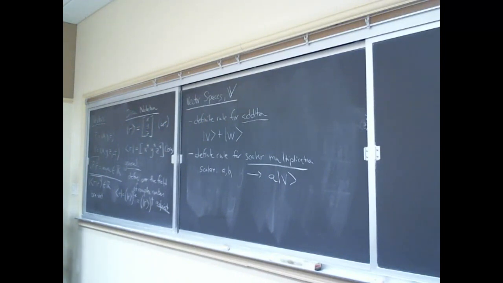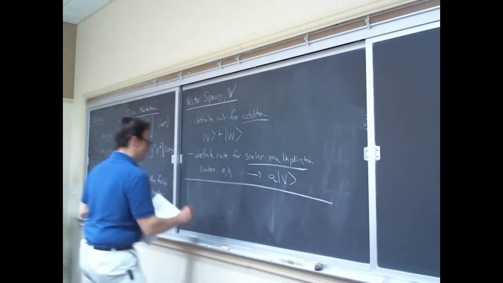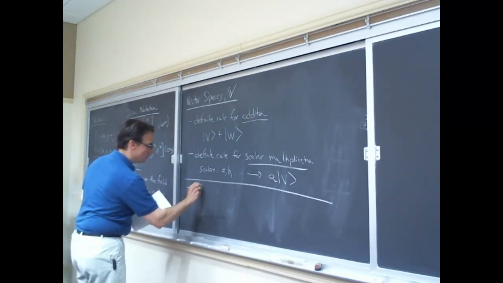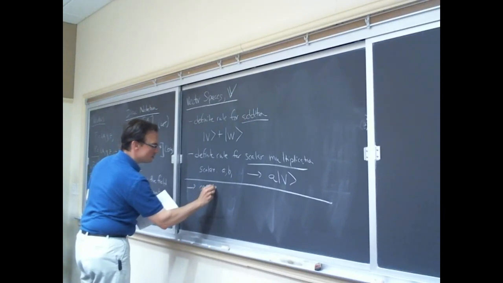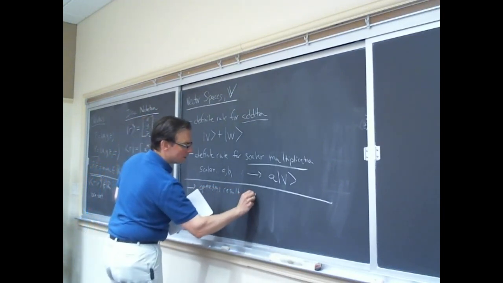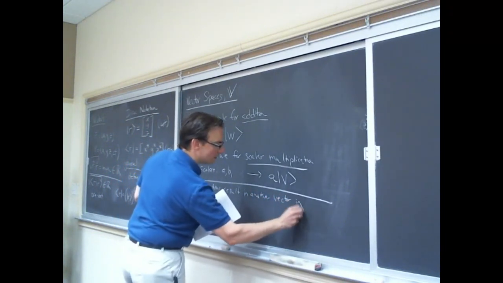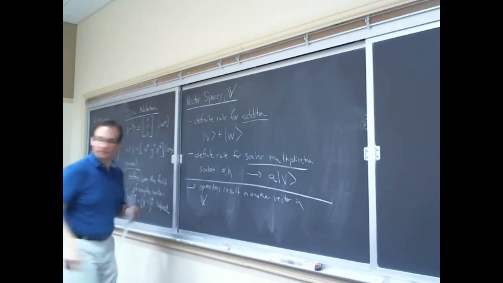Now, the key here for these two things is the following. First of all, these operations result in another vector in V, in the space.